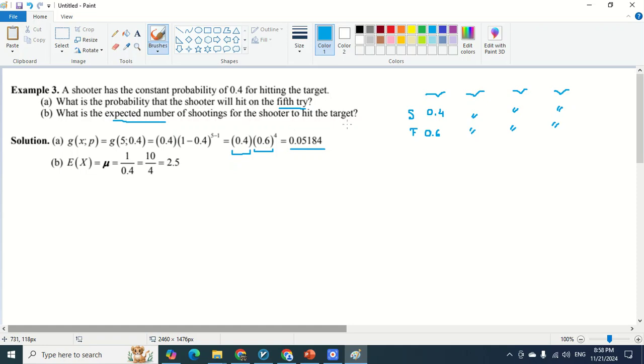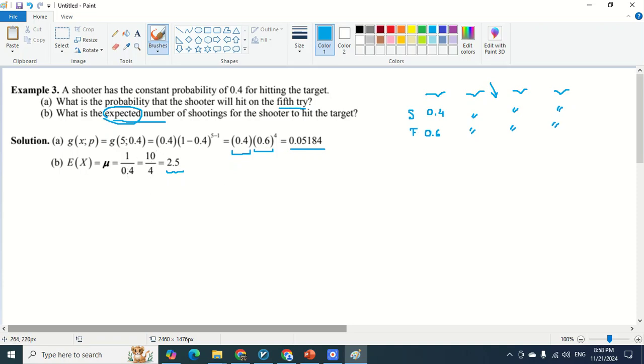And in the second part of the question they ask you to find the expected number of shots for the shooter to hit the target. When you see the words expected number, the average number of shots to get the first hit or something like that, you should calculate the expected value, and this expected value is the inverse of the probability of success, which is equal to 2.5. This means that we expect the first hit between the second and the third shot when the probability is 4 over 10.